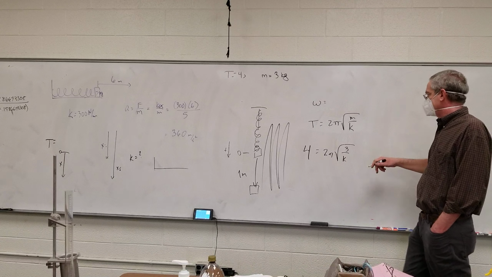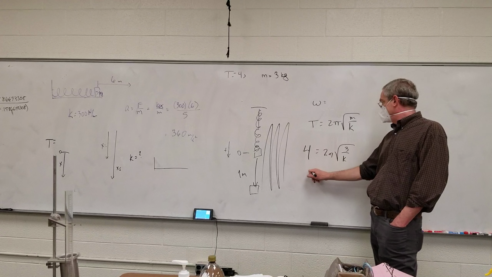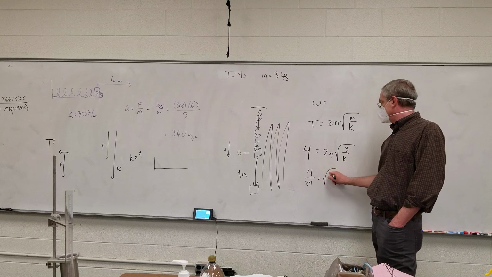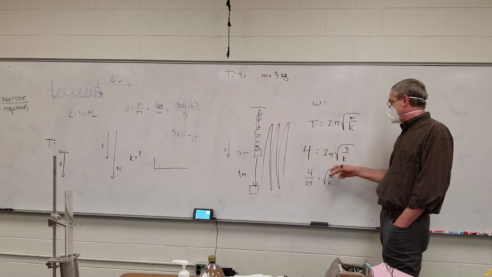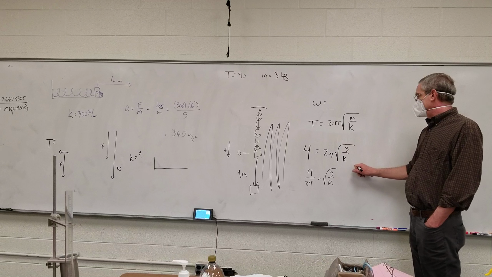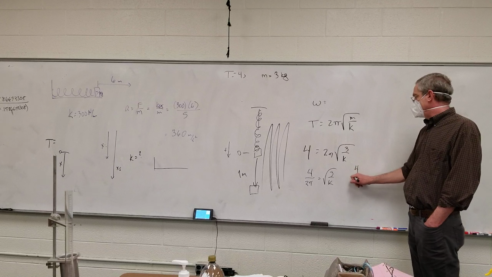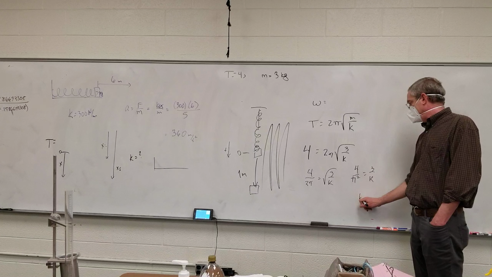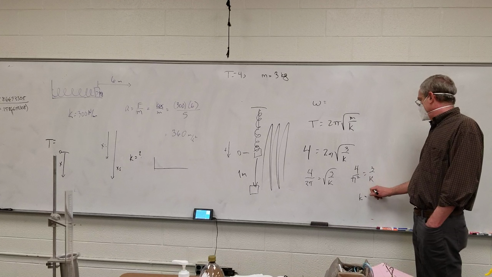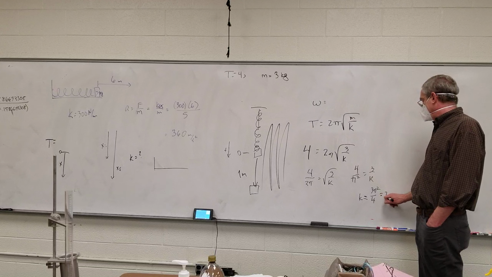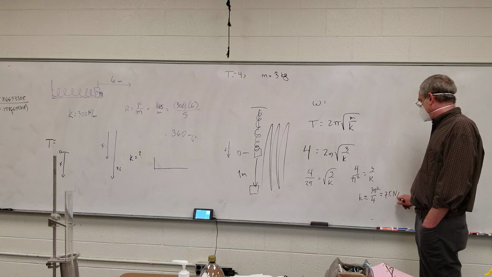I'm throwing an extra step in here, but this is just the way my mind's working right now. So 4 divided by 2 pi is equal to the square root of 3 over k. Square both sides to get rid of the radical because I'm trying to get to the k. So that becomes 4 over pi squared is equal to 3 over k. And so k would be 3 pi squared over 4, which is roughly 7.5 newtons per meter.